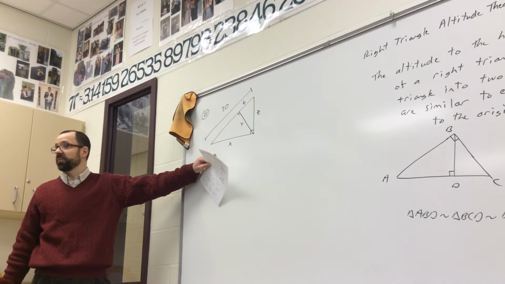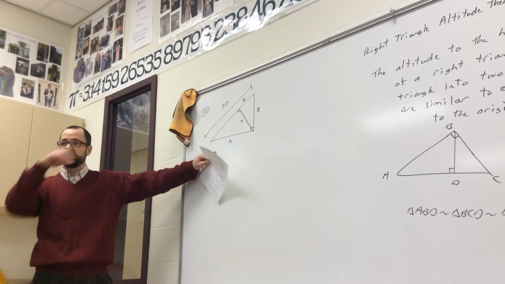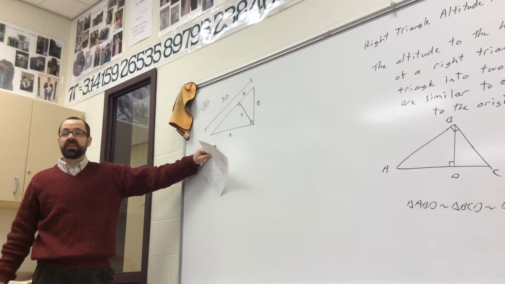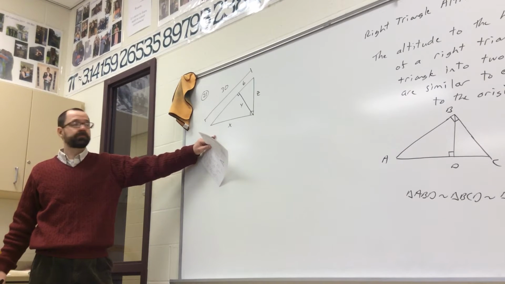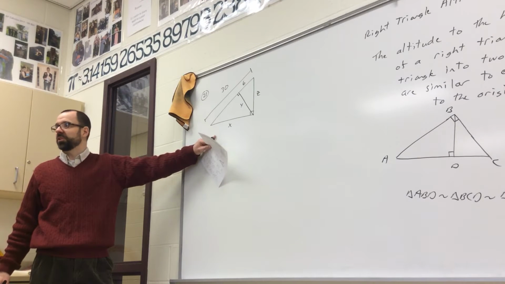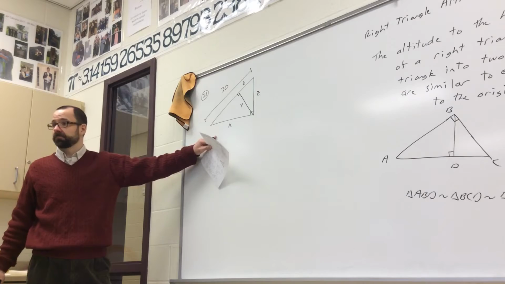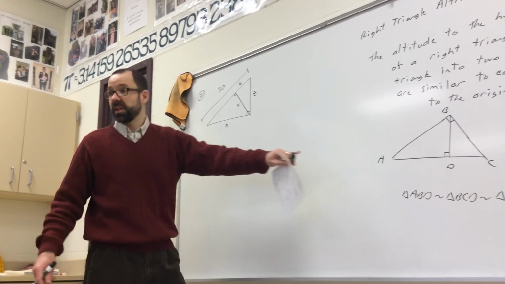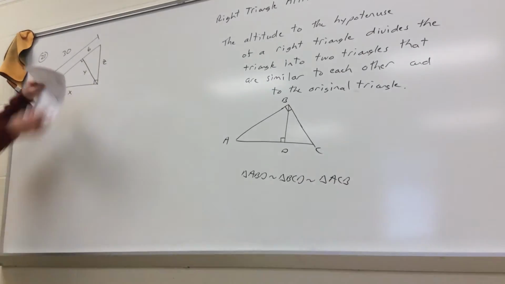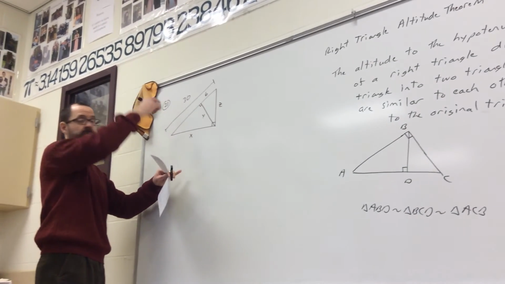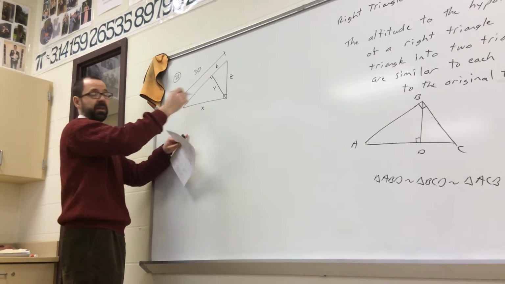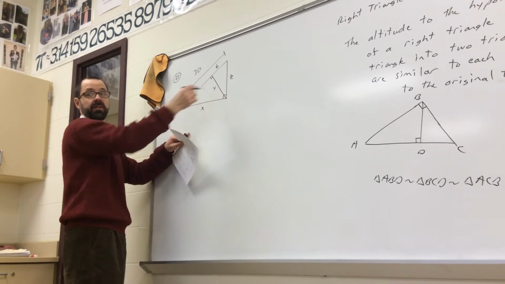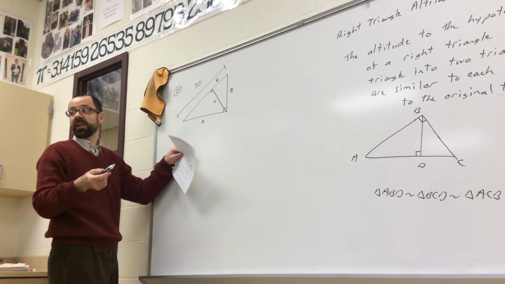There's three letters we have to figure out, X, Y, and Z. And then we have to say which theorem it is. So which theorem is it first? Right triangle altitude theorem, right? It's a little bit different picture than this one because it's turned, but we still have a right triangle and a height of it. So it's the right triangle altitude theorem.